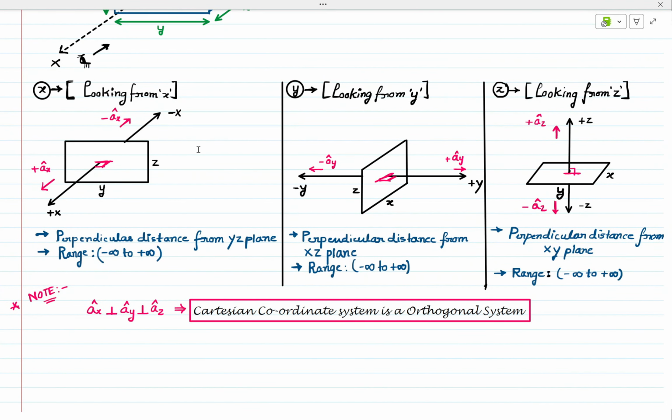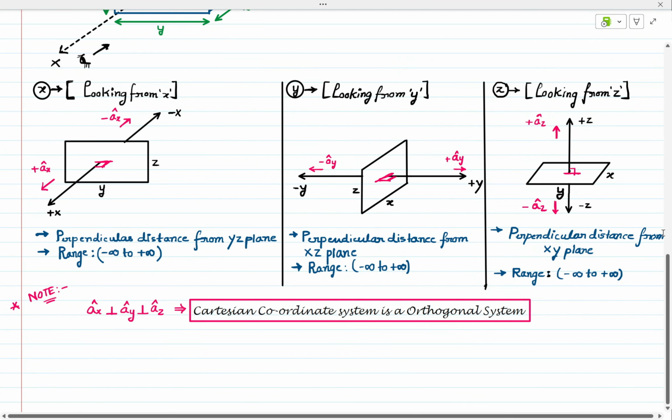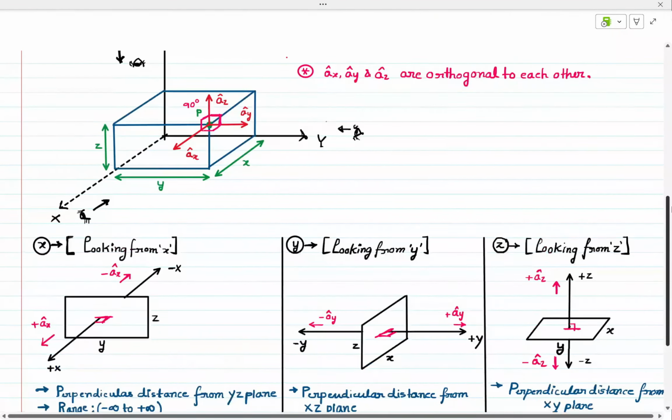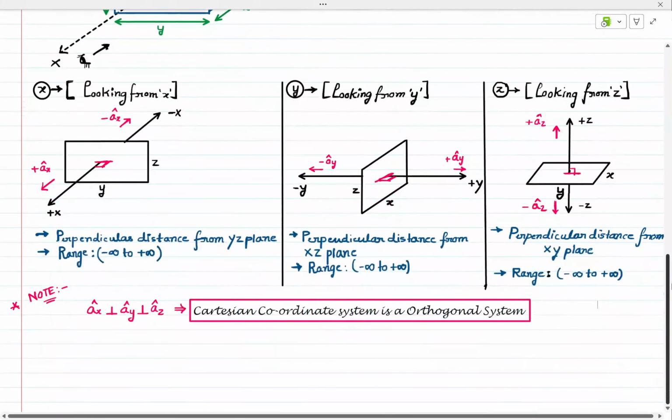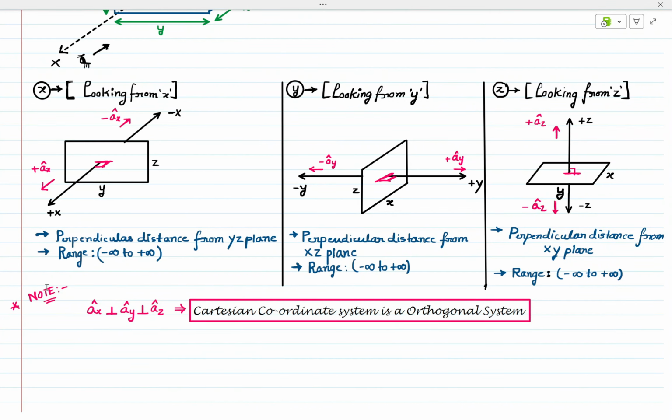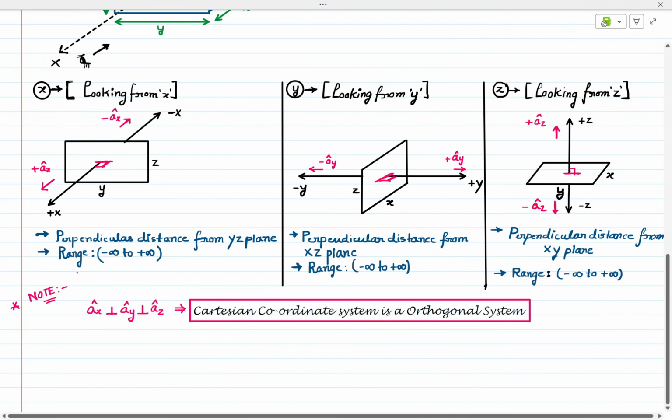Now I will talk about a very important concept, the right hand curl rule, RH curl rule, which is directly related to orthogonality. So the next topic inside this Cartesian coordinate system is the RH curl rule.